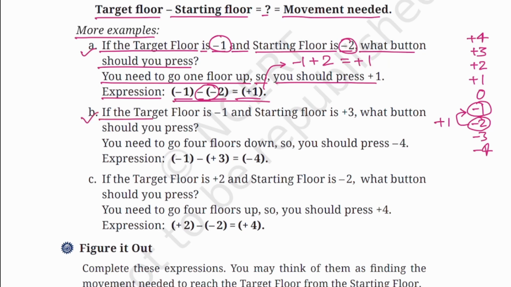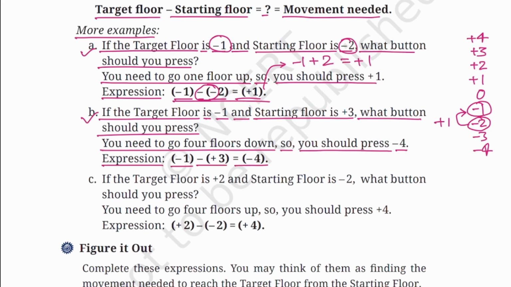2. If the target floor is -1 and starting floor is +3, what button should you press? You need to go 4 floors down, so you should press -4. Expression: -1 minus +3 is equal to -4.